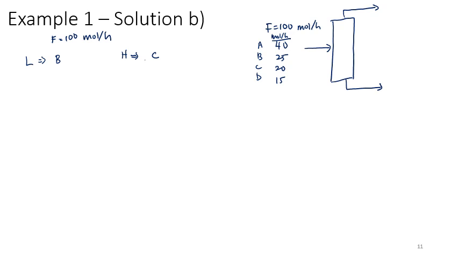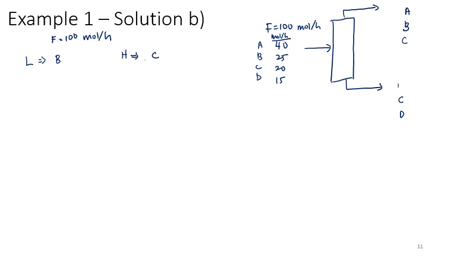So we want here to be A and B, and here to be C and D. However, there will still be some amount of C left in here because in the question it says 90% of hexane or component C is recovered in the bottom, so there will be some 10% of C in the top.